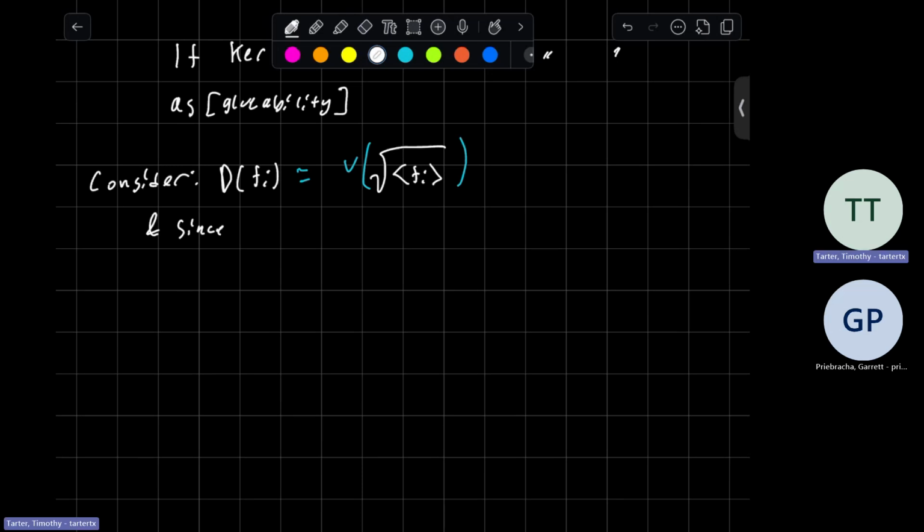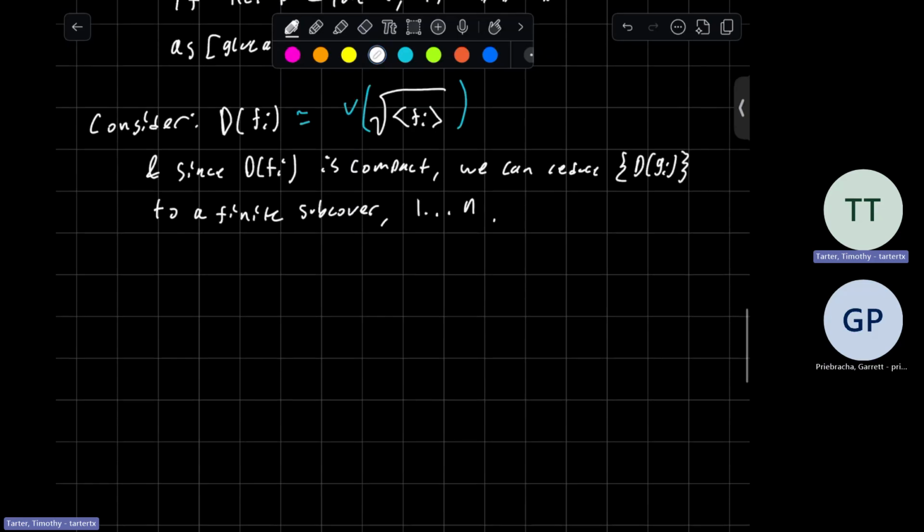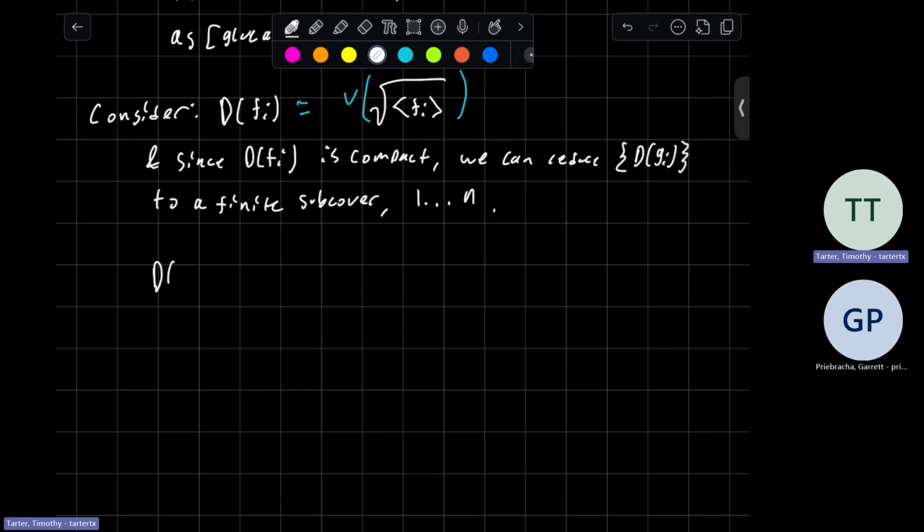And since it is compact, we can reduce our D(g_i)s to a finite subcover 1 through n.